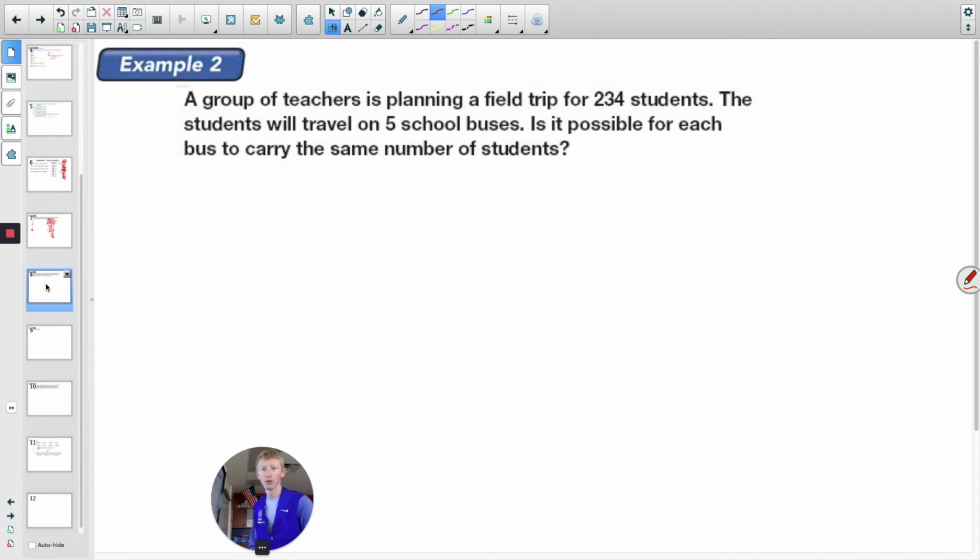A group of teachers is planning a field trip for 234 students. The students will travel on 5 school buses. Is it possible for each bus to carry the same number of students? So, will this come out evenly? 234 divided by 5. Can 5 go into 234? Well, without even dividing this problem, I know that it can't, because this 4 here can never make it come out evenly.